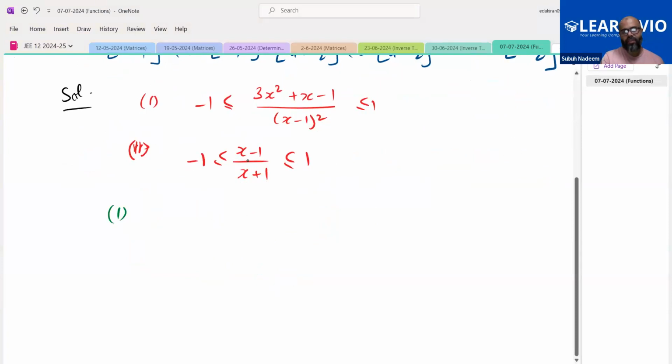Since x minus 1 whole square is greater than equal to 0, it is a non-negative quantity. In that case, we can cross multiply and the inequality will not be affected.